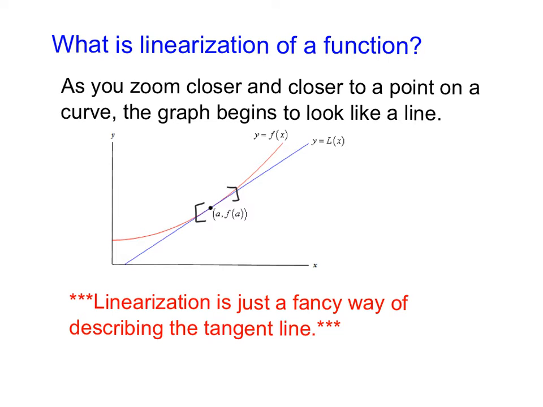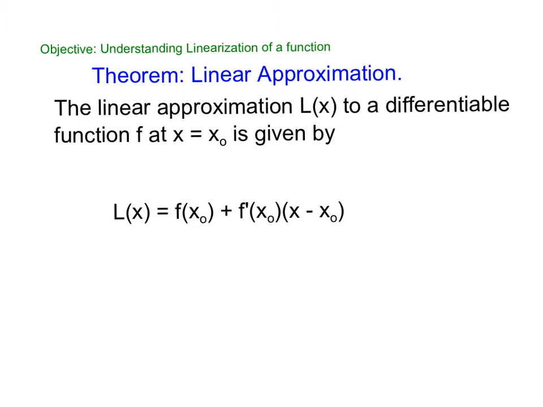The curve starts to look exactly like a line. And we can use that to estimate the function. So if it's a really complicated function and we don't have a calculator, and we want to figure out the value of the function, we can use the tangent line to do that. And that's called linearization. It's really just a function that's a rehash of a tangent line.